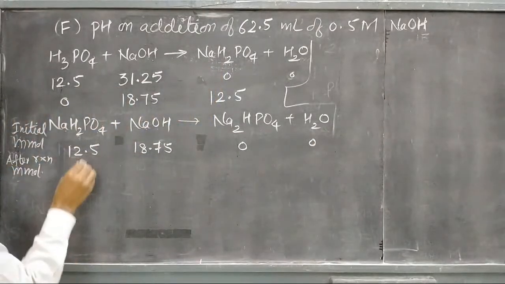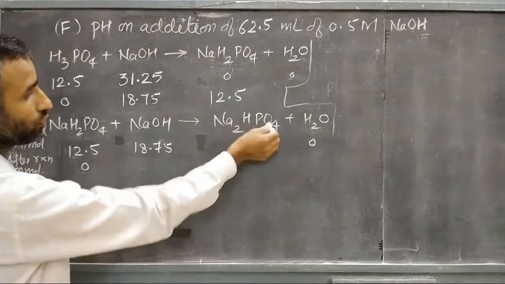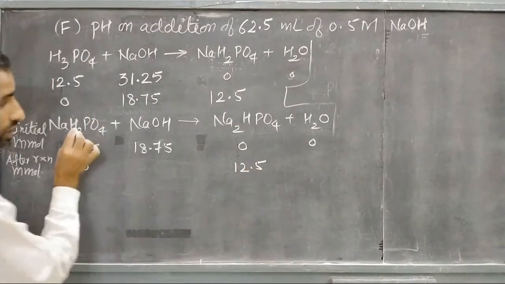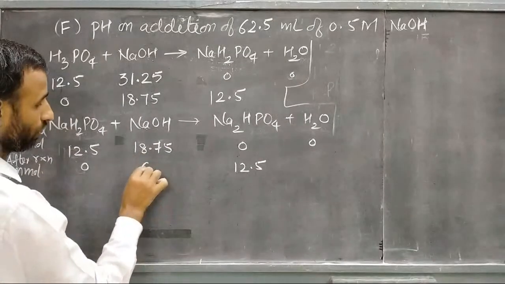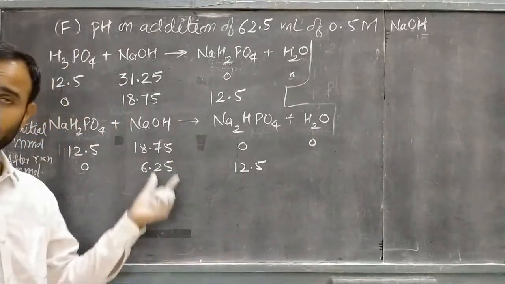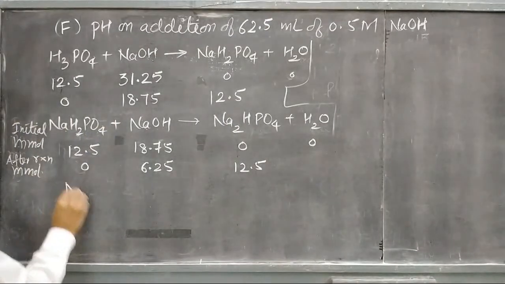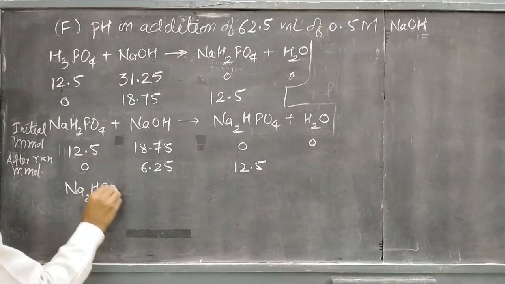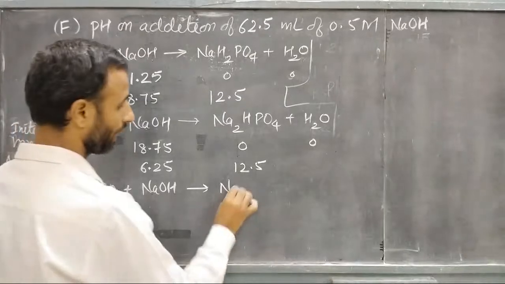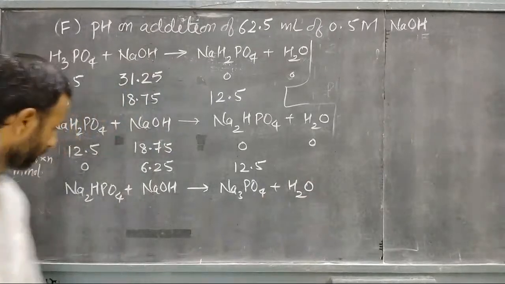Now after the reaction it is also completely neutralized and we get Na2HPO4, the same amount, because now it is the limiting reagent. So now we are left with sodium hydroxide 6.25. That means we still have sodium hydroxide to react with Na2HPO4. So now Na2HPO4 further reacts with sodium hydroxide and we get Na3PO4 along with H2O.